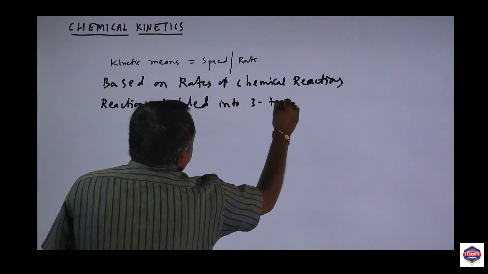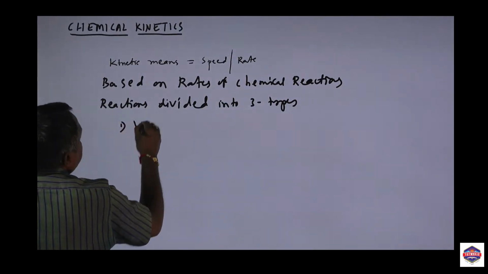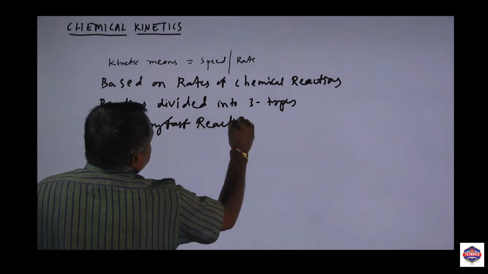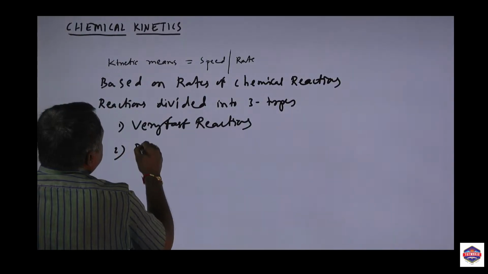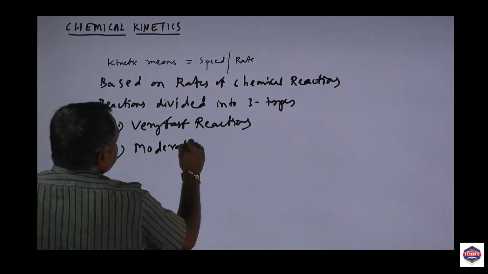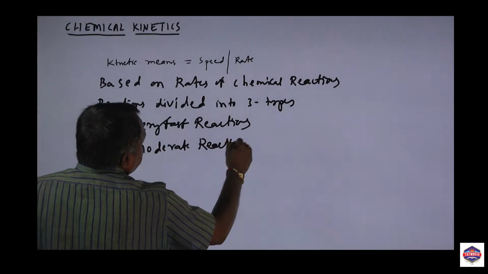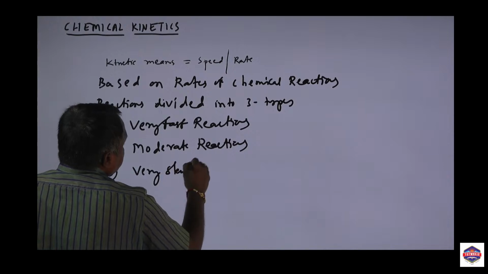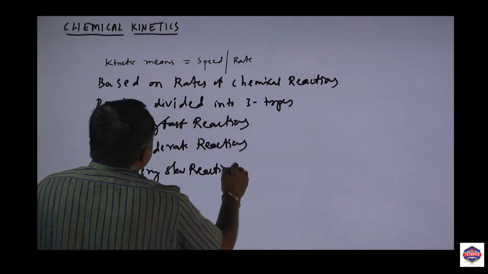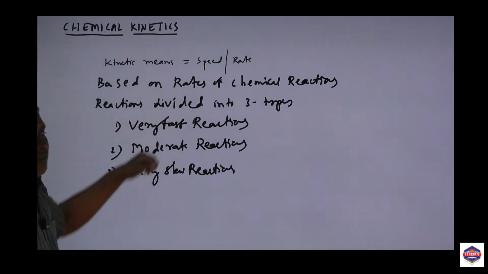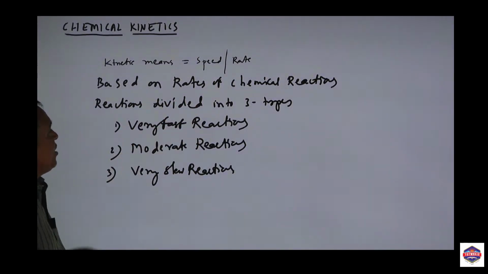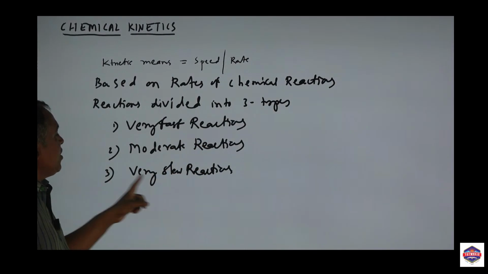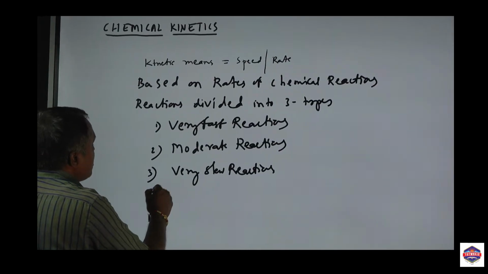Three types. Number one is very fast reactions. Number two is moderate reactions. Number three is very slow reactions. So now let us discuss the very fast reactions.